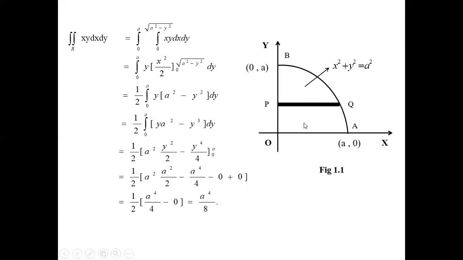When it is taken parallel to y-axis, then the limits for y are from y equal to 0 to y equal to square root of a square minus x square, and then to cover the entire region, that strip has to be moved from the y-axis where x is equal to 0 to x is equal to a. That means you can take a strip parallel to y-axis and evaluate. The answer will be the same. There is no change in the value of the double integral, a raised to 4 upon 8.